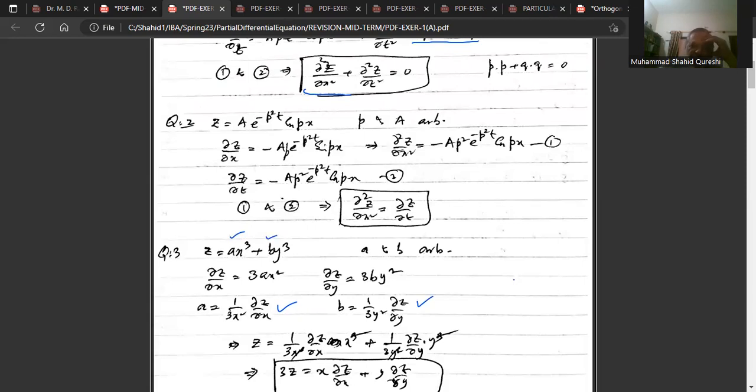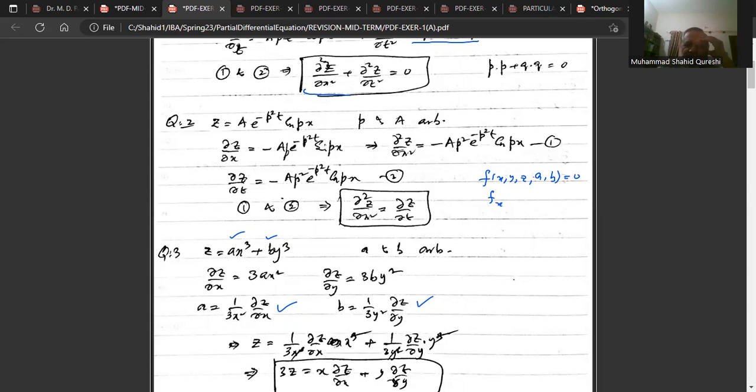So what is the objective? The objective is something like this. You have got some equation of some system of surfaces which has one arbitrary constant, or two, or three, or four. So what you have to do is obtain fx.